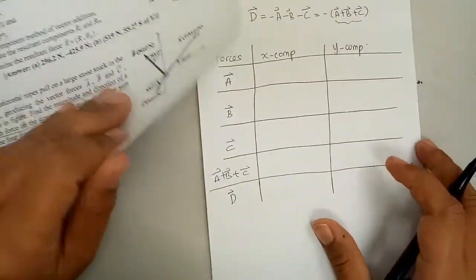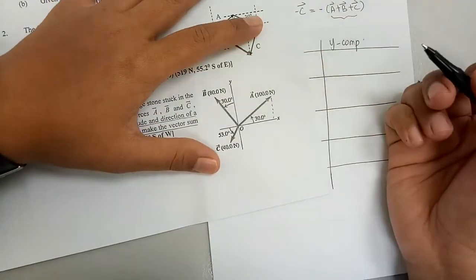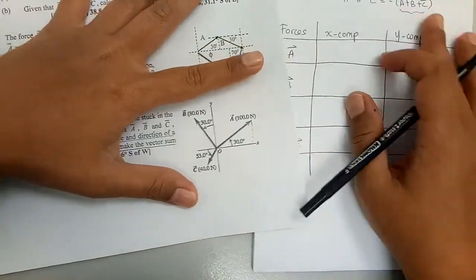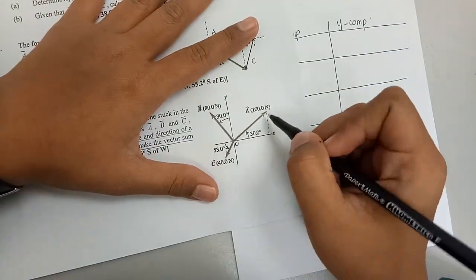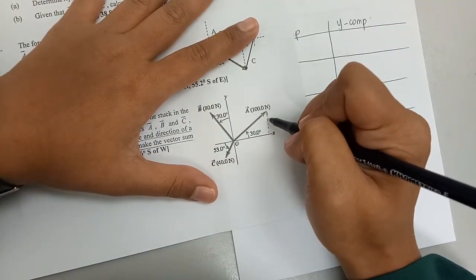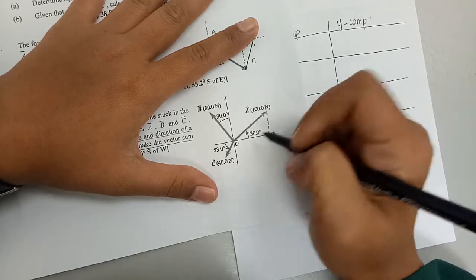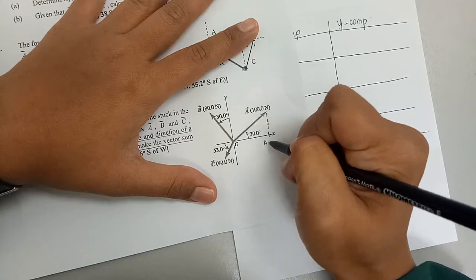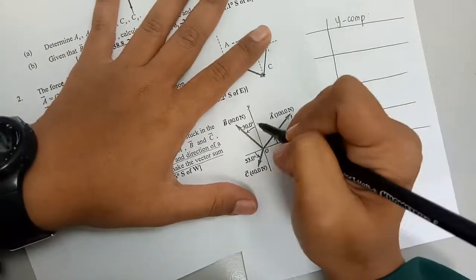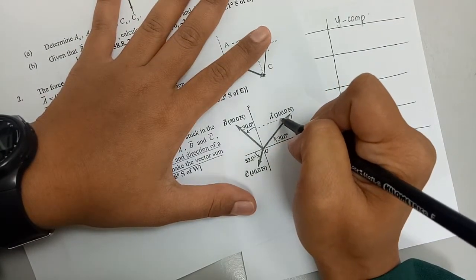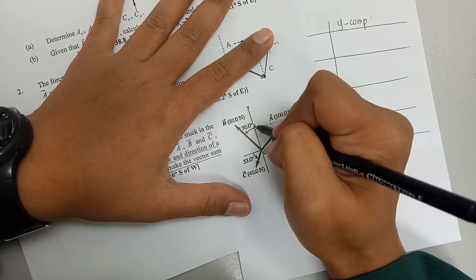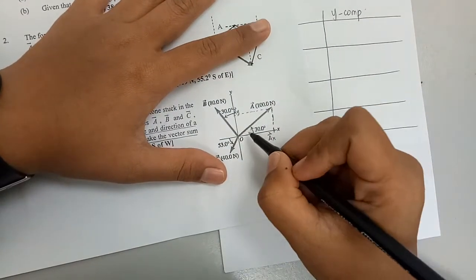So how do we find the x and y components of vector A? This is vector A. For me, I will draw the dotted lines. This whole thing represents AX, and here represents AY.